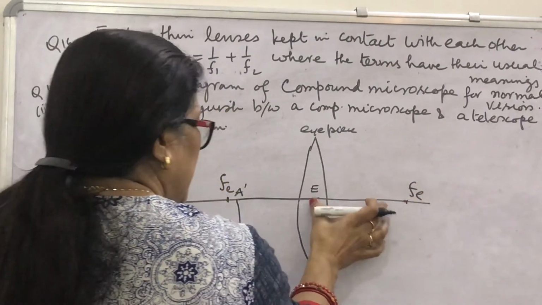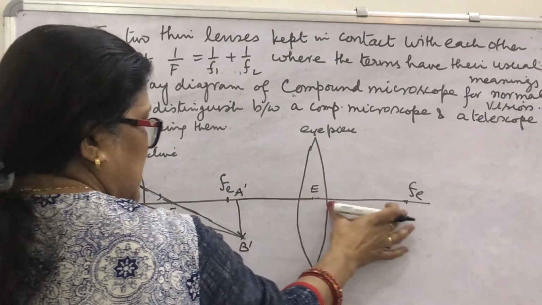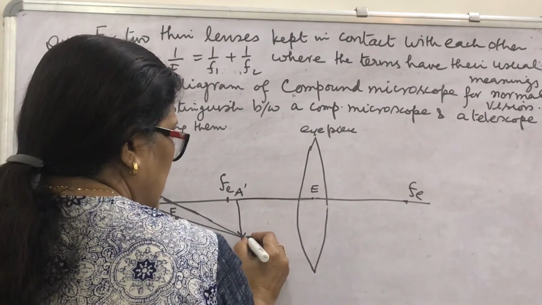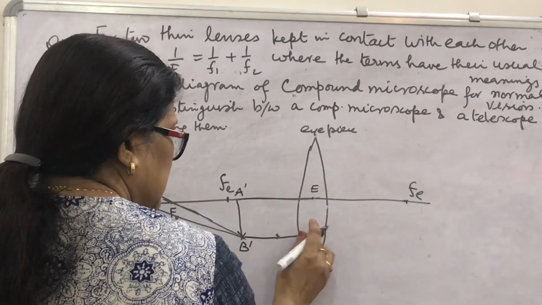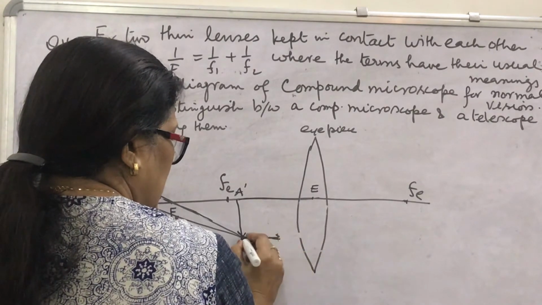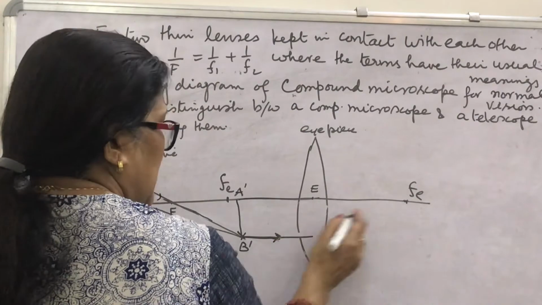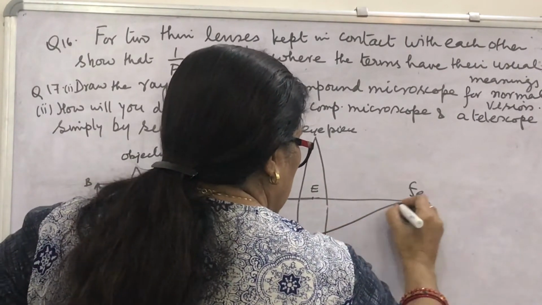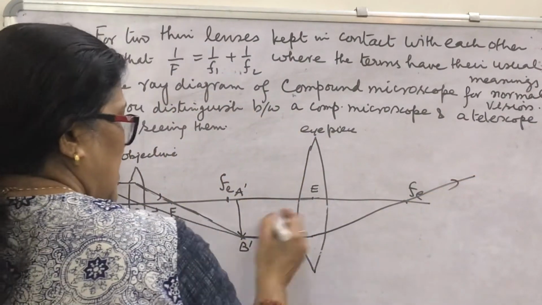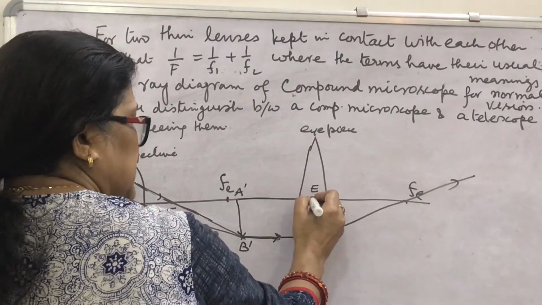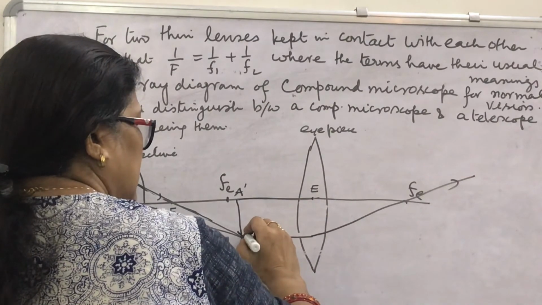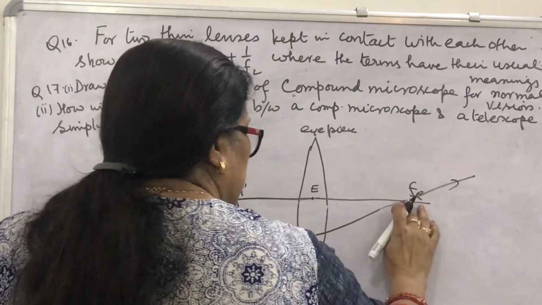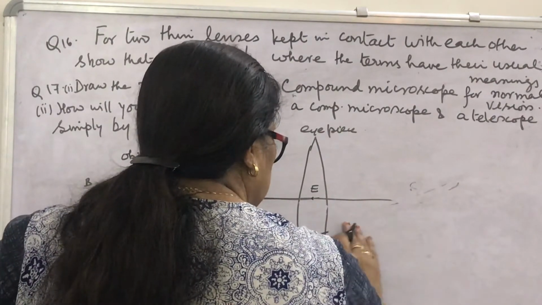Both the focal points are at the same distance from the optical center E. As per the rule, a ray parallel to the principal axis passes through the focus, so it will pass through the focus like this. The other ray passes through the optical center.